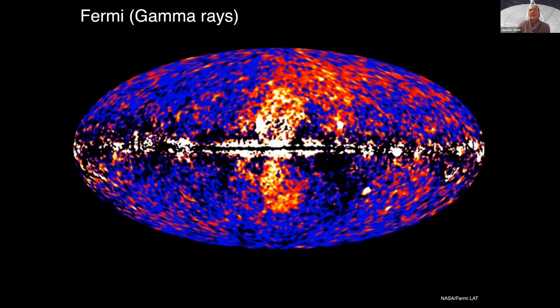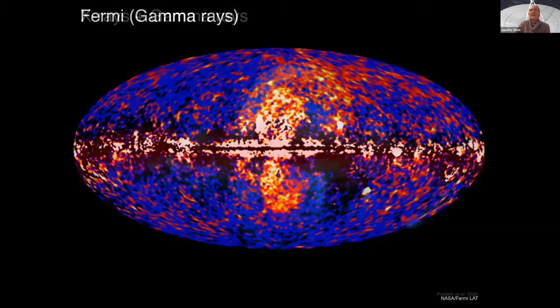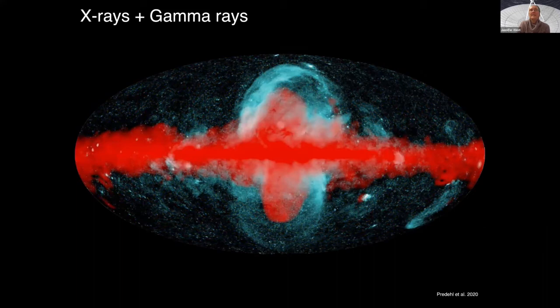And if we make a composite image with the X-rays and the gamma rays, there's a very tantalizing connection that appears. So it seems like this big arc is right over the top of the Fermi bubbles.